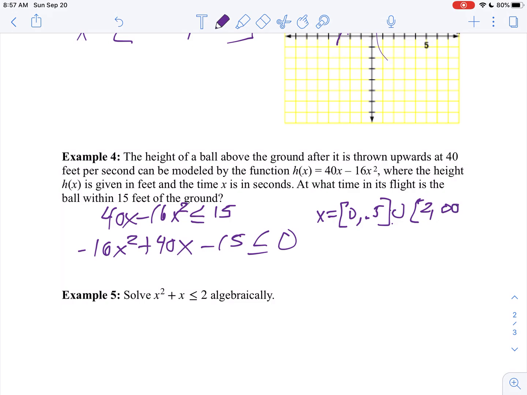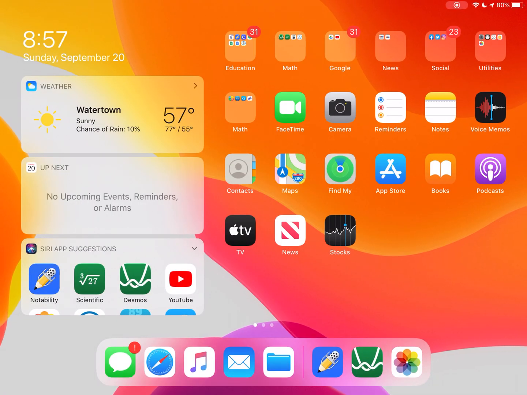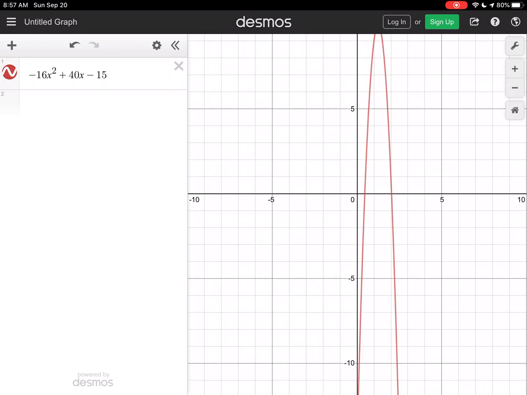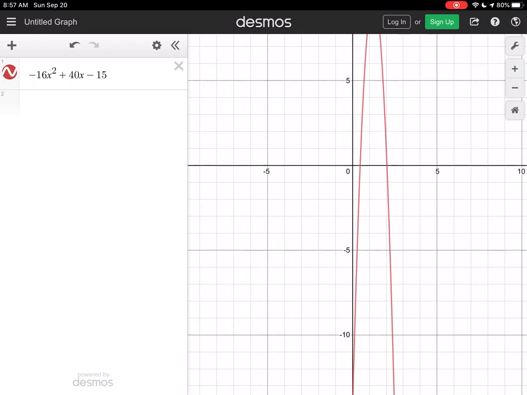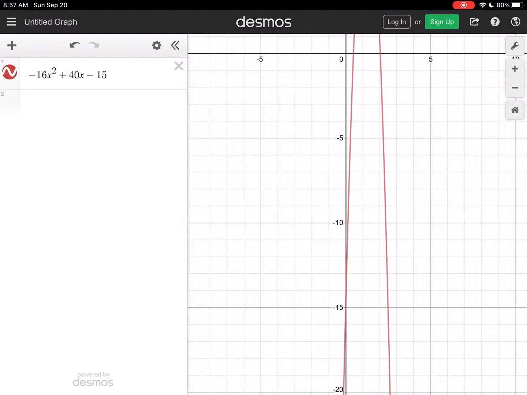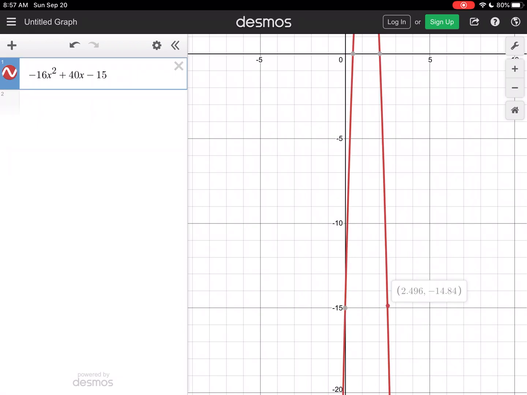Well, infinity doesn't make a lot of sense in this problem, but until it hits the ground again. It hit the ground at negative 15 because that's what we had. So after about 2.5 seconds, it's going to be in the ground.